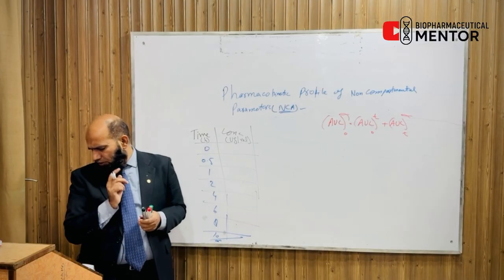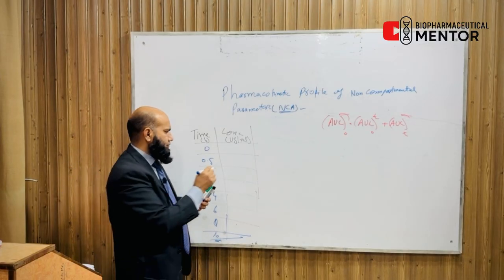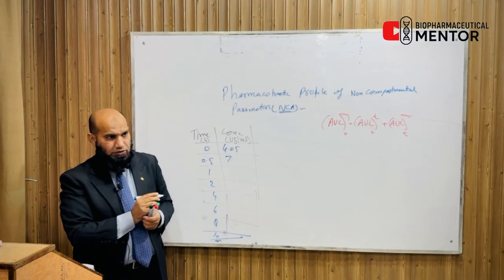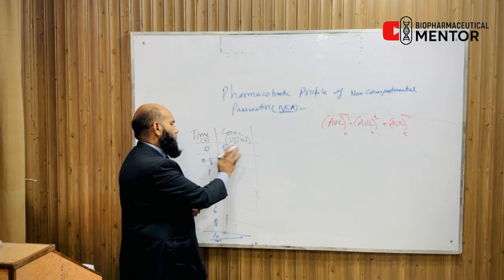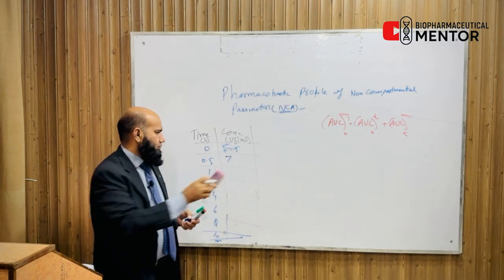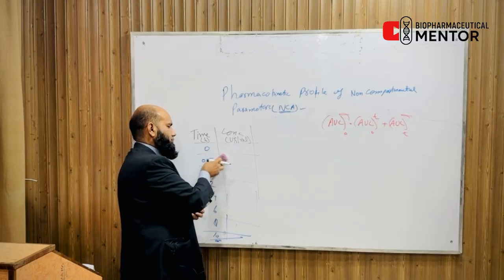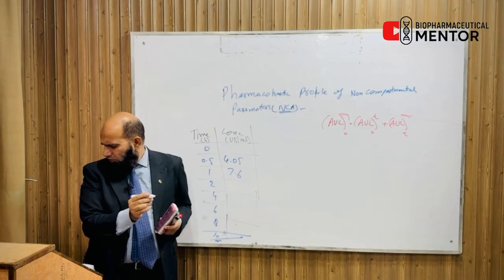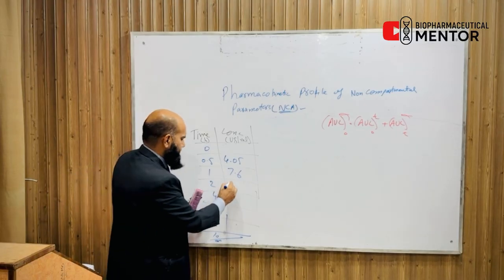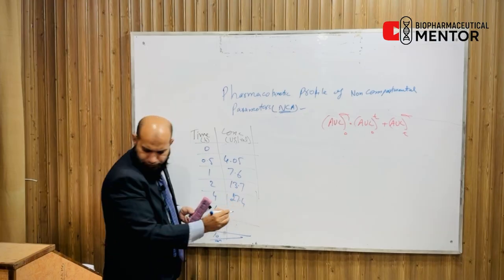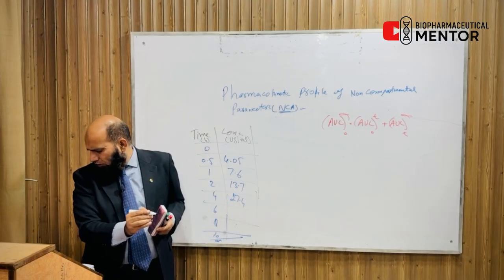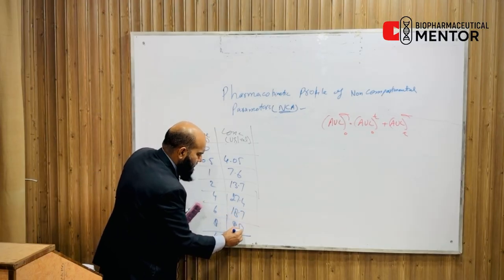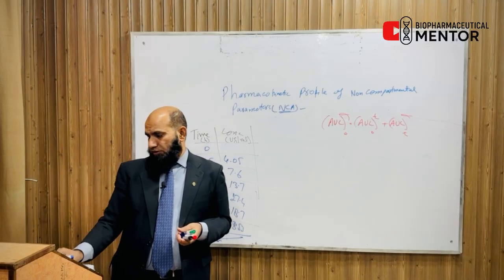Concentrations are 4.05, 7.6, 13.7, 27.4, 18.7, and 8.53. This is the basic profile of the data.